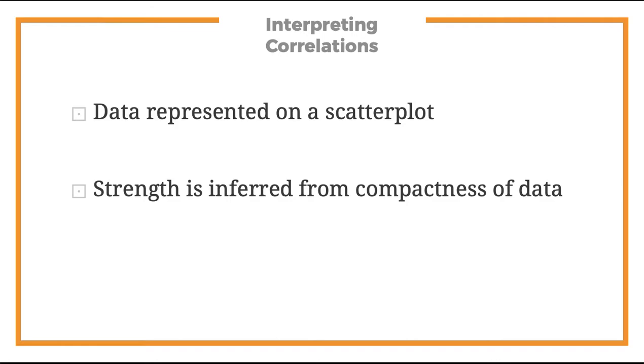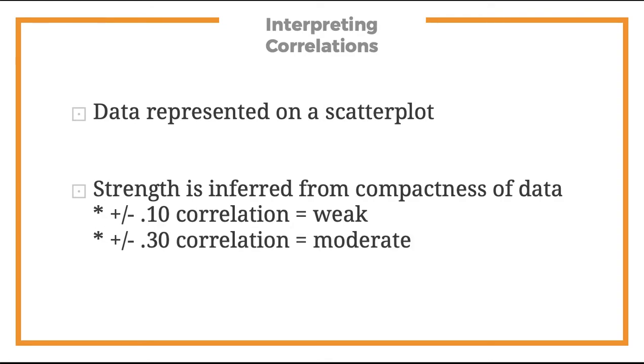How tightly compact the data are on that scatter plot tells us how strong the relationship might be. So a correlation of -0.10 or +0.10 is considered weak. A relationship of 0.30 or higher is considered moderate. And a correlation of 0.50 or higher is considered high.